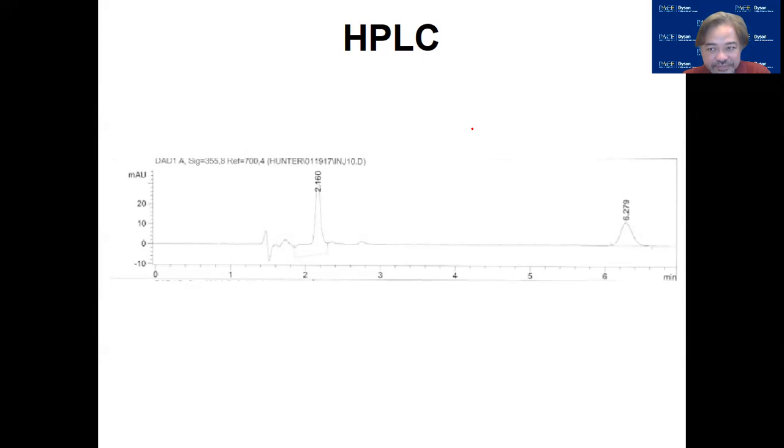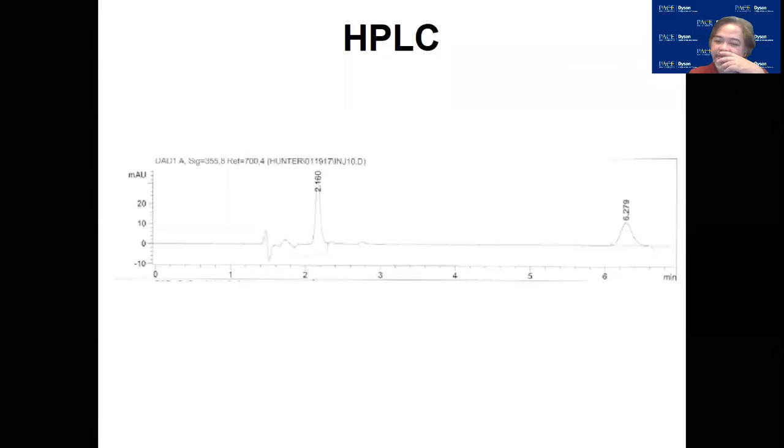Now, in terms of the HPLC, what we observe here is that there are two peaks generated from the sample, and this can be due to the two tetracyclines that we have in our sample, the doxycycline and the oxytetracycline.